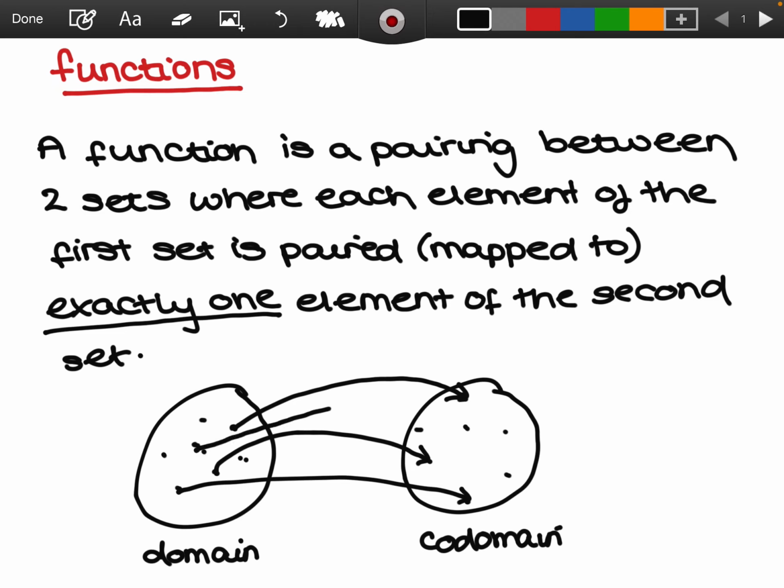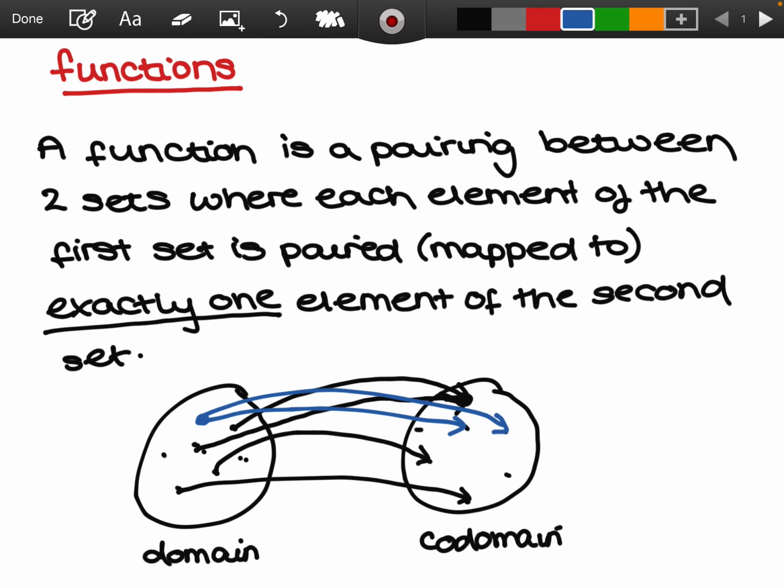We can come across the situation where an element of our domain maps to the same element of the codomain as one of the other elements in the domain. So we can have the situation where two elements from our first set are paired with the same element from our second set. That's totally fine. What we can't have is for some element that we have in our domain, we can't have that it maps to two separate entries in our codomain.